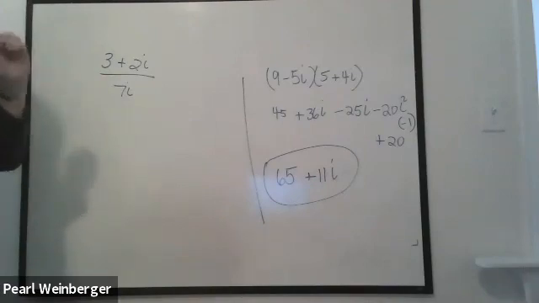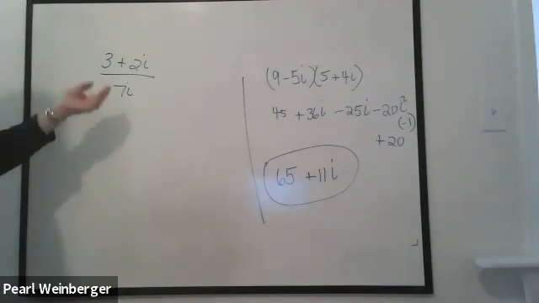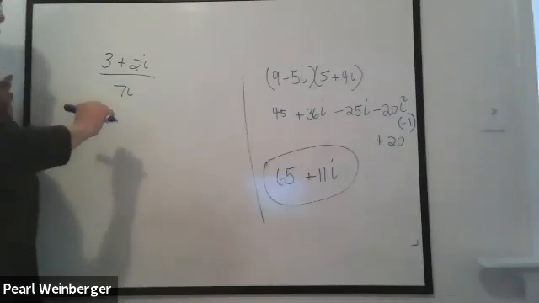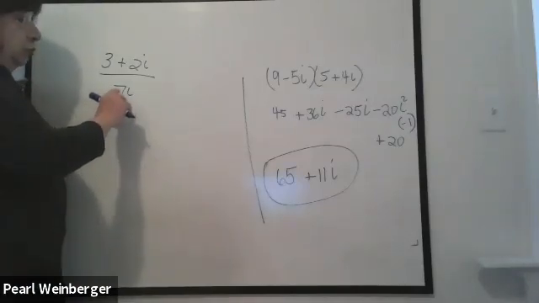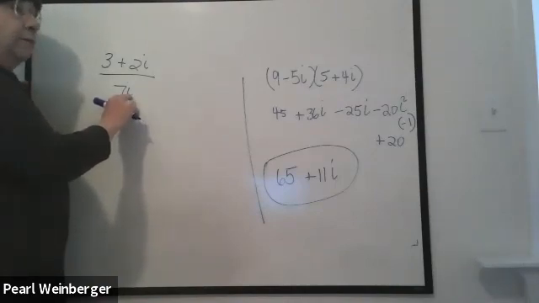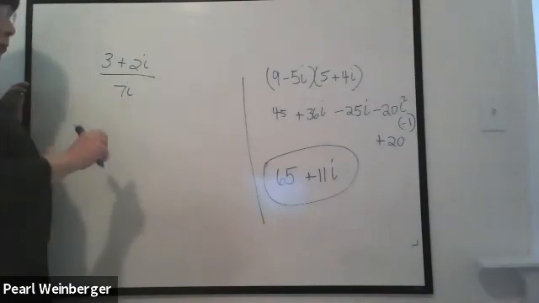i is not a rational number. i is really a radical. It's a square root of negative 1. And we never want to leave an i in the denominator of a fraction. And if you recall, what we do is, depending on whether my denominator is a binomial or a monomial.